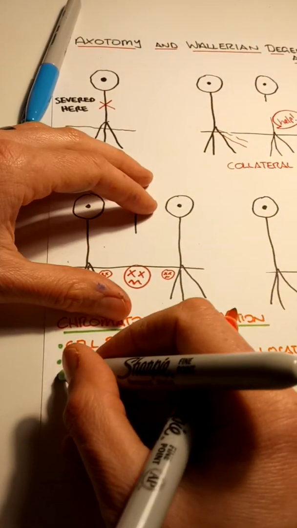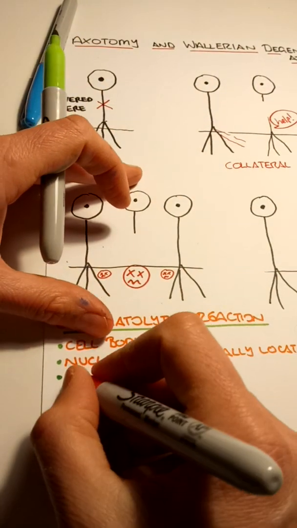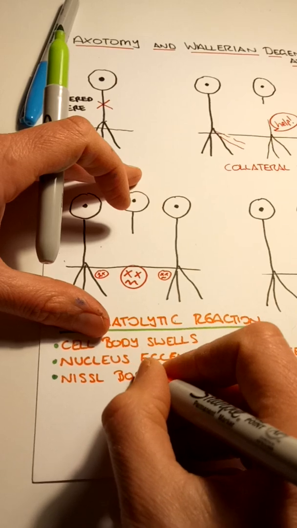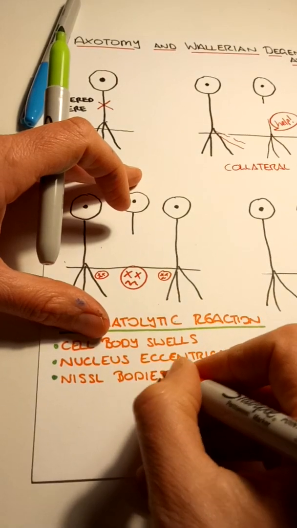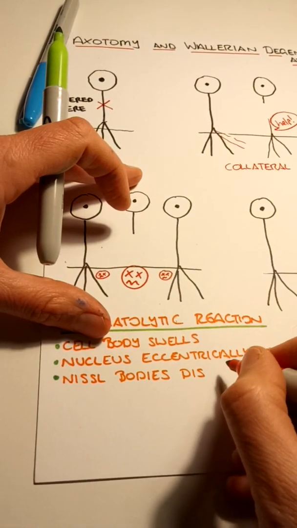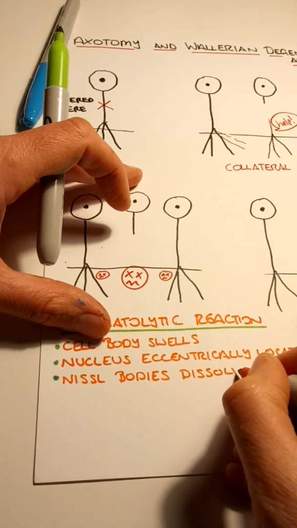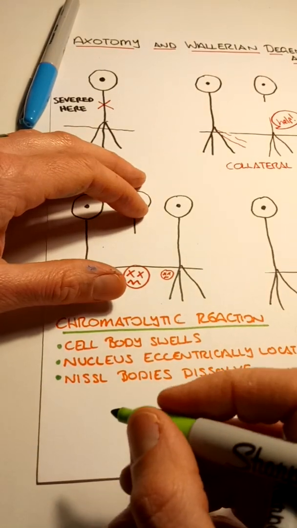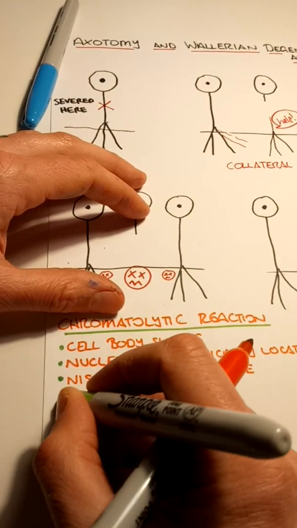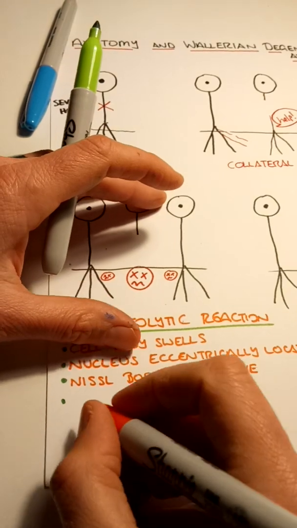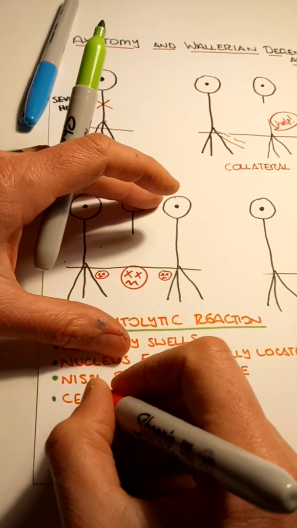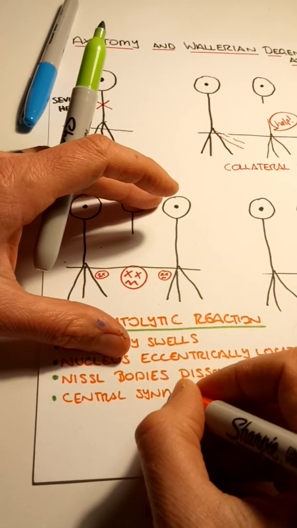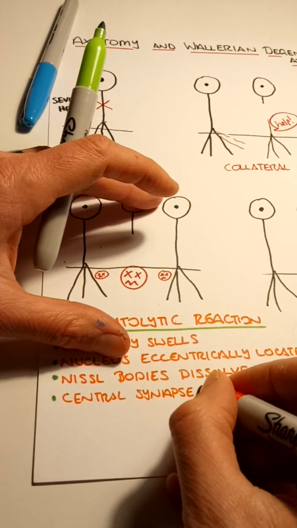Then Nissl bodies dissolve. Central synapses are lost.